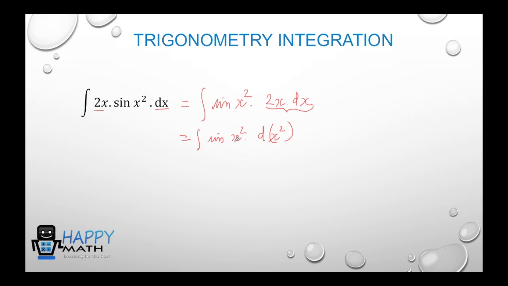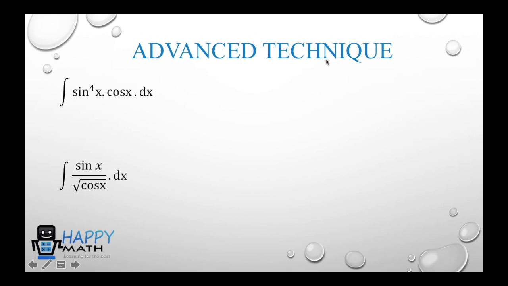So sine of x squared follows the method. The function of sine equals the function of the derivative. So the result is minus cos of that function plus c, a constant number.